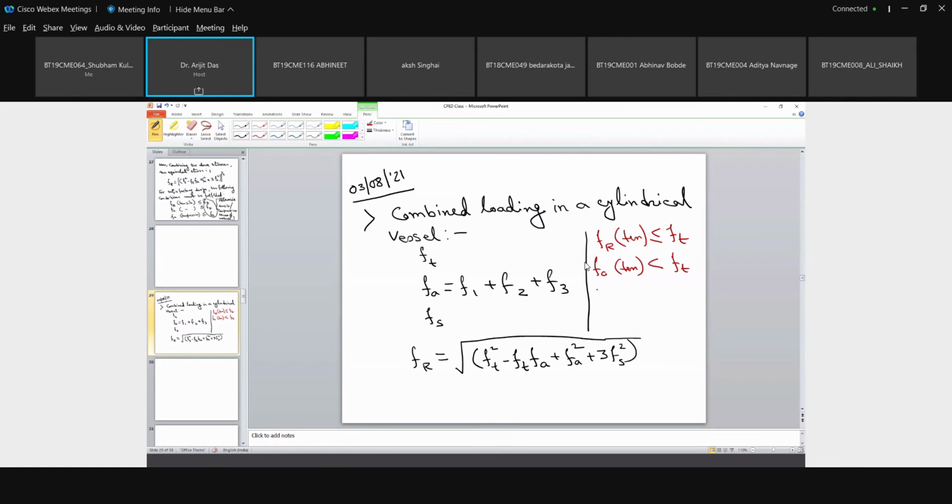And if this Fa comes out to be compressive, then it also has to be less than or equal to the compressive stress of the material. So these are the checking criteria for the satisfactory design.